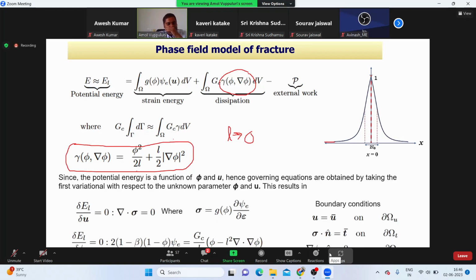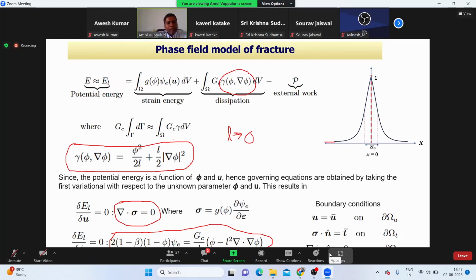If you take the variational with respect to u, you get divergence of sigma equal to 0, which is nothing but the stress equilibrium equation. And if you take the variational with respect to phi, you get another governing equation, which takes care of the evolution of the damage. So these two are the fundamental equations of the phase field model of fracture.